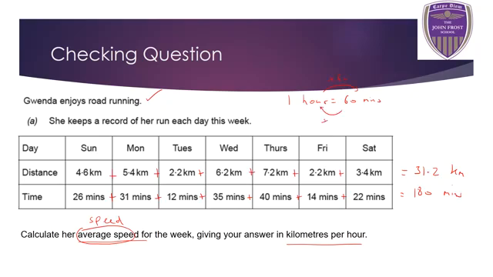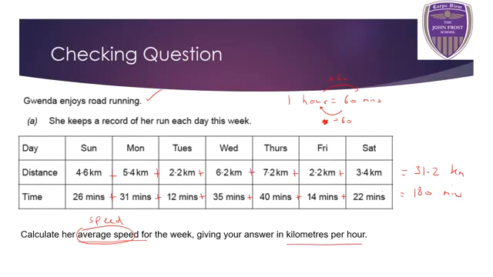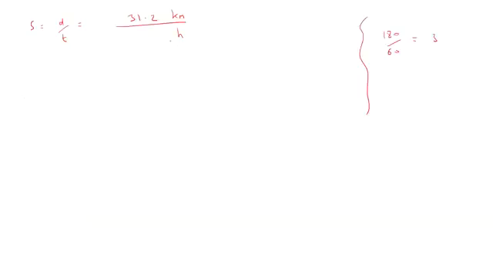If you're looking backwards, then you divide. So 180 divided by 60 is 3. So actually, she ran for 3 hours. So I'm good to go.